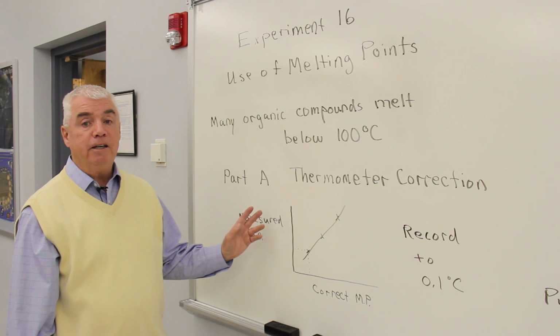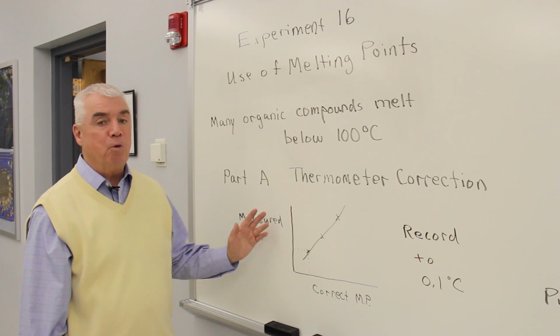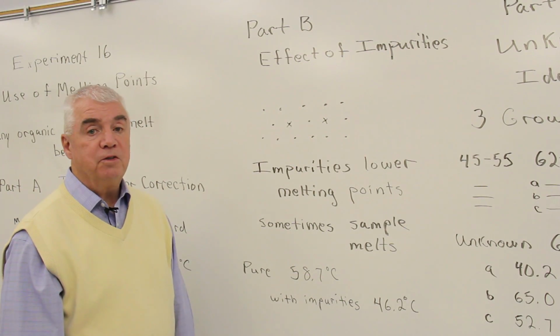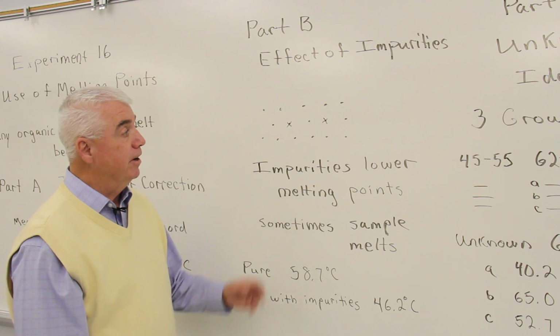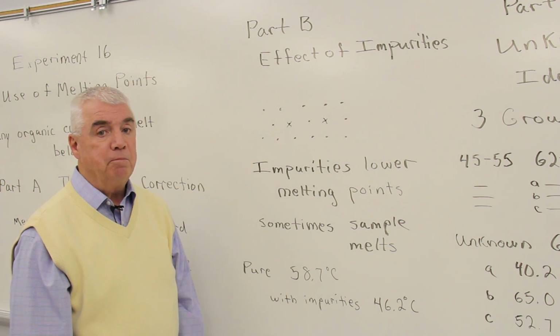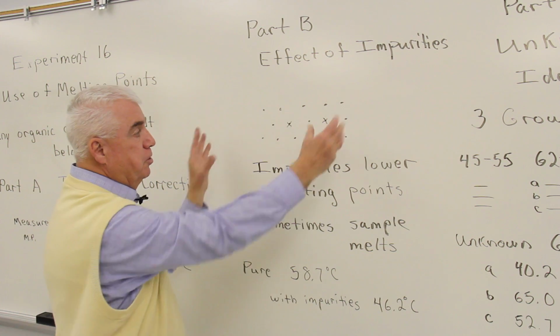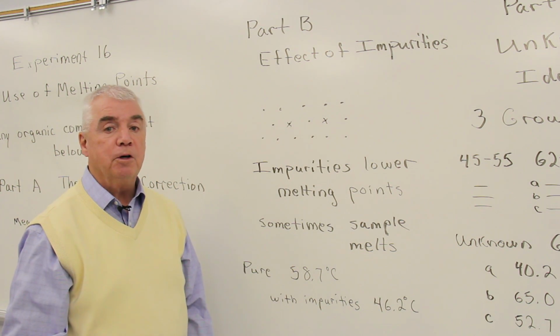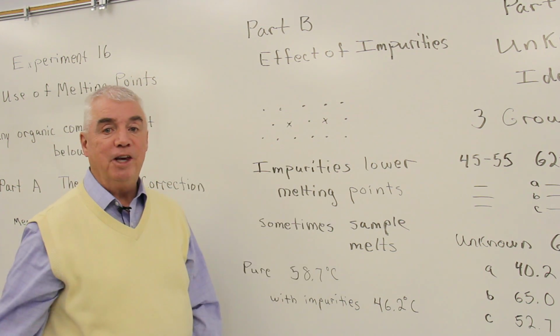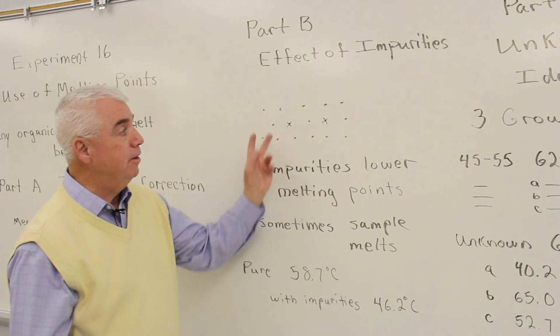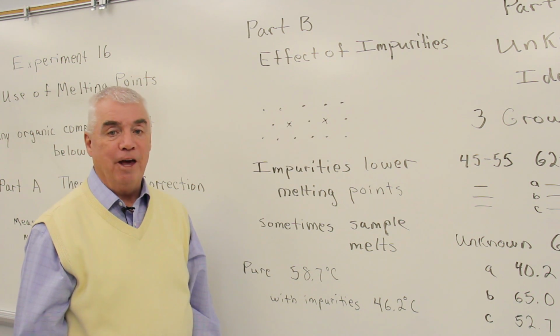Let's look at the effect of impurities on melting points. Pure substances typically have very precise melting points. If this is the crystalline structure of a pure substance, we know that it's the attractive forces that are holding these lattice points together.